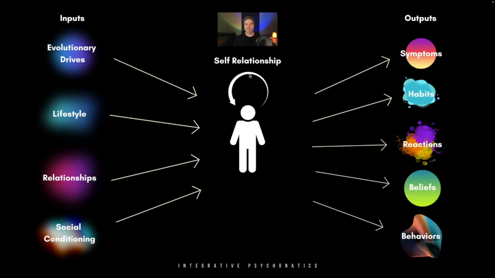And we form opinions and thoughts and beliefs, and we have a relational quality about our outputs that becomes an input back into ourselves, right? So your self-relationship is both a thing of output and a thing of input back in you. There's a loop here, right?